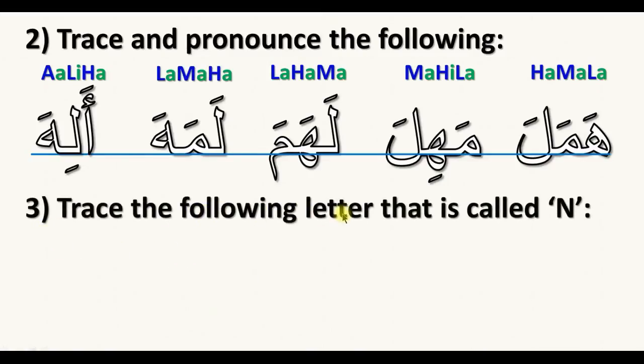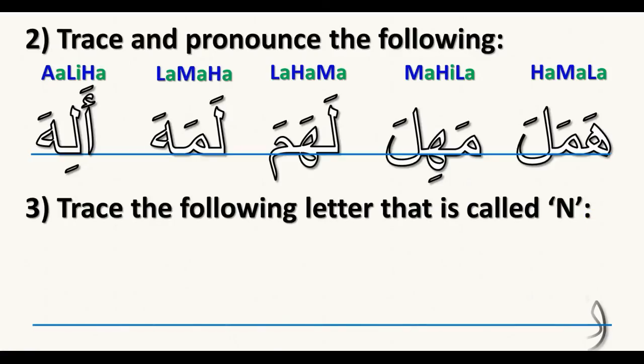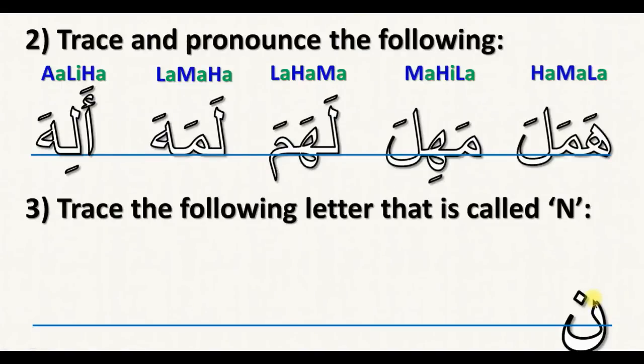Trace the following letter that is called N. Here you have a new letter, N. You will notice that the N goes below the line, though often you will see the N on top of the line when it is alone. To start tracing N, you begin from the top right and you go down.